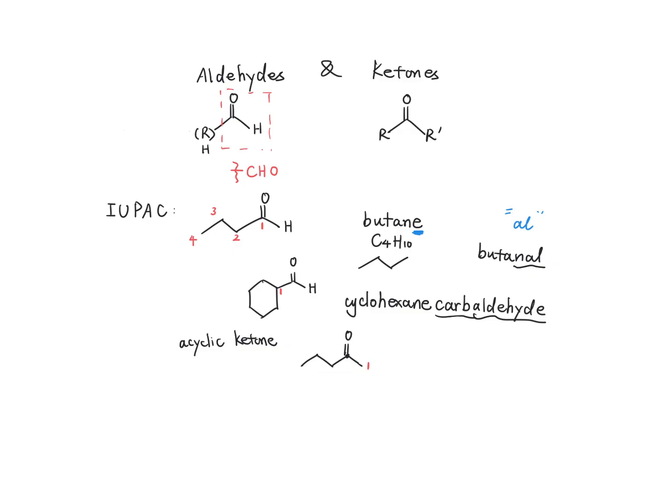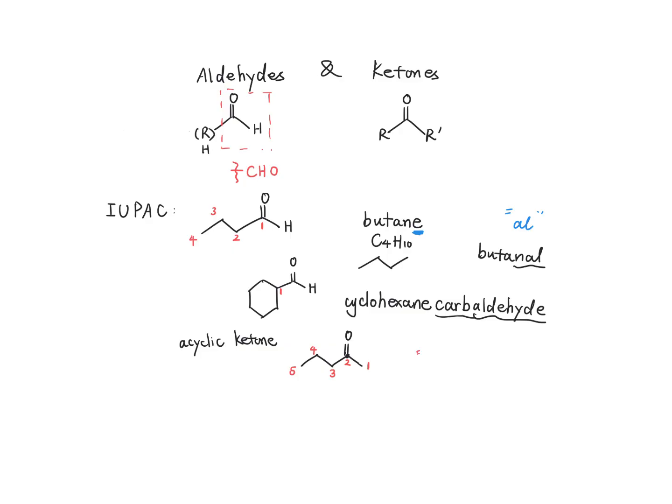That is why we number the parent chain, the longest carbon chain including that sp2 carbon, from the right side. Now my carbon-oxygen double bond lands on carbon 2. That basically tells you where this carbon-oxygen double bond is. The functional group is ketone.